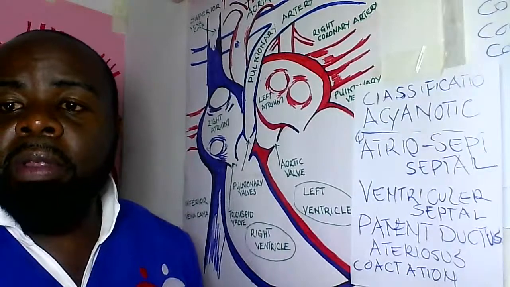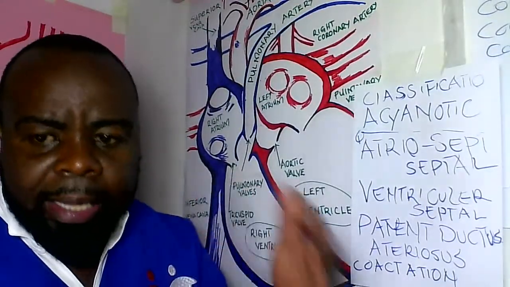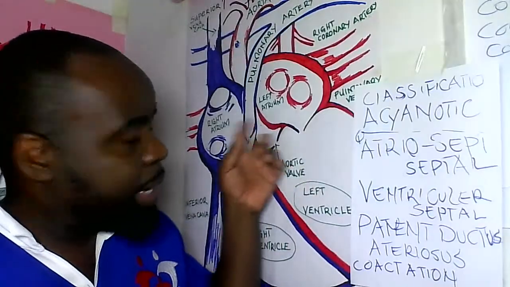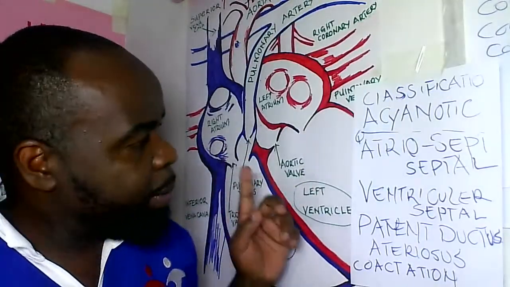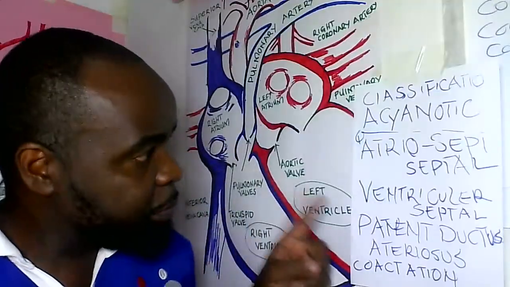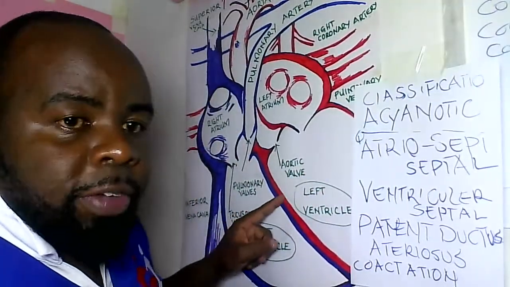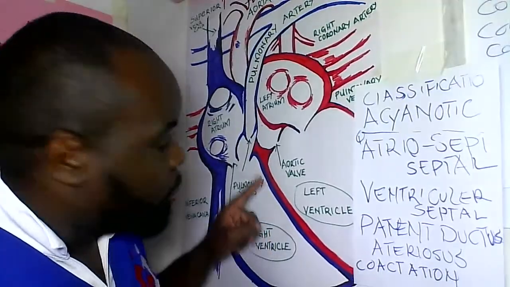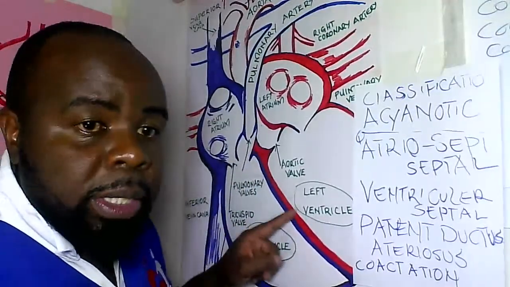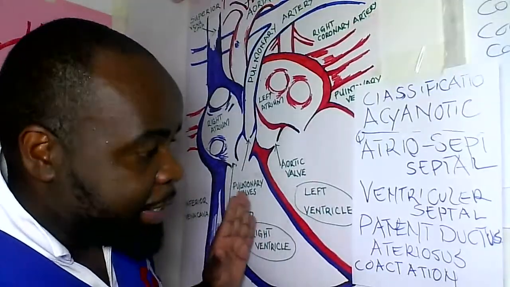So if these holes are there, they have some problems. Let's review. Atrial septal defects, ventricular septal defects, having a hole in the septum, this layer that is separating the left and the right atria.